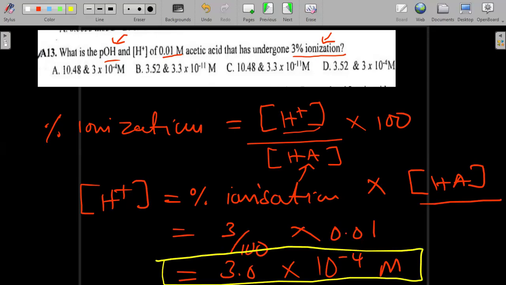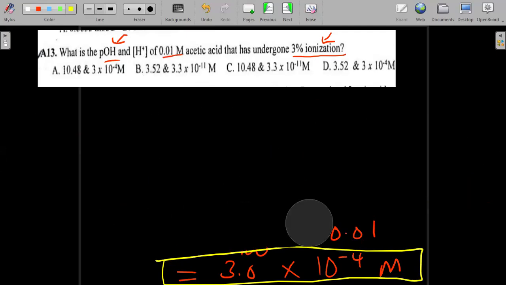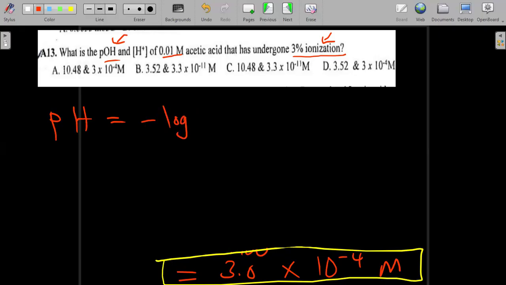Once we have the concentration of the hydrogen ions, we can find the pH, and then from the pH we can find the pOH. So pH is equal to minus log of the concentration of H plus, which is 3.0 multiplied by 10 to the power minus 4.